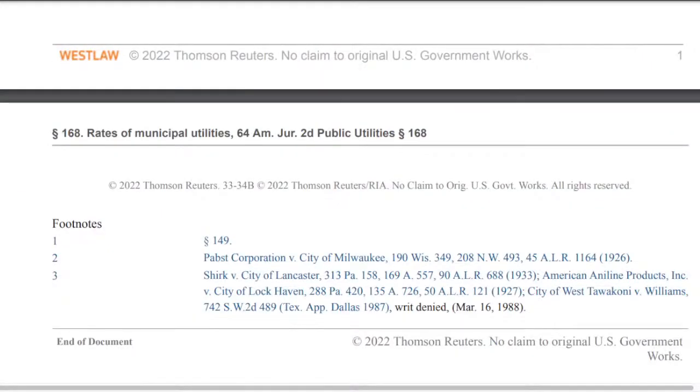And then 3, Shirk versus City of Lancaster, Pennsylvania. And that was 1933. And American Aniline Products versus City of Lock Haven, another one, Pennsylvania, 1927. Again, Texas, 87, denied 88.